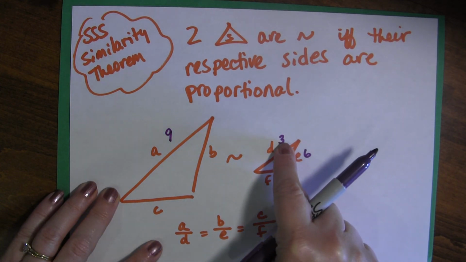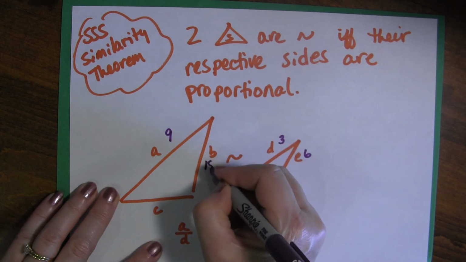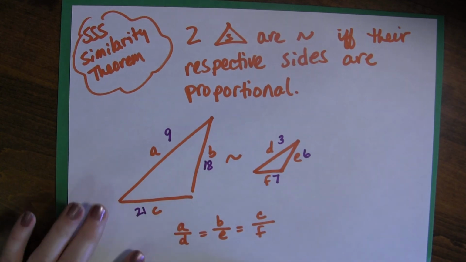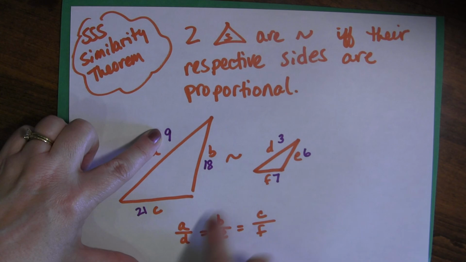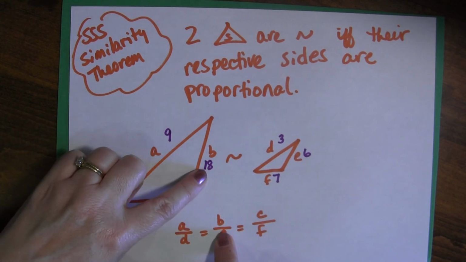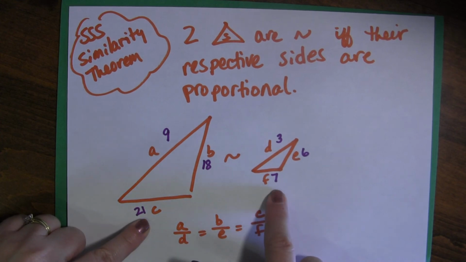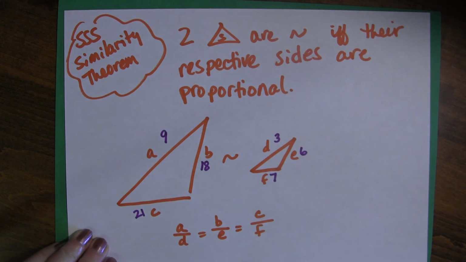So 3 times 3 makes 9, 6 times 3 makes 18, and 7 times 3 makes 21. So these would be in the same proportion. A divided by D is 3, B divided by E is 3, and C divided by F is 3. So you can see that the same proportion applies to all three sides, which means that our two triangles must be similar.